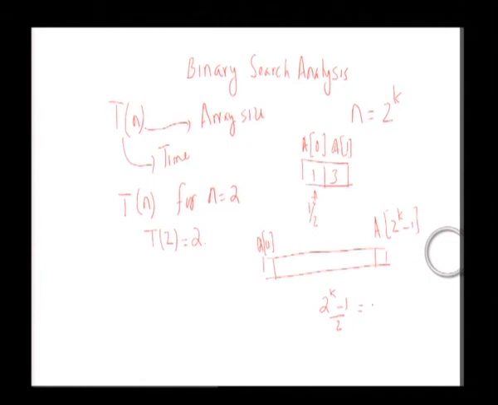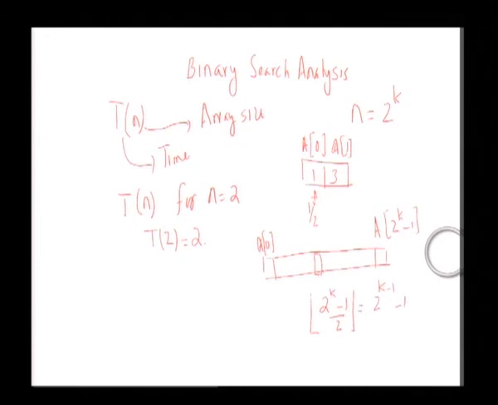That is, the floor of this is 2 power k minus 1 minus 1, which would be the value that would be compared.